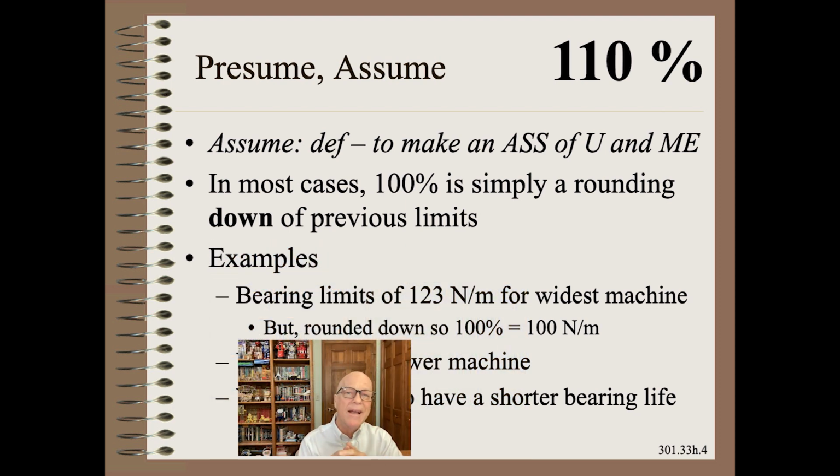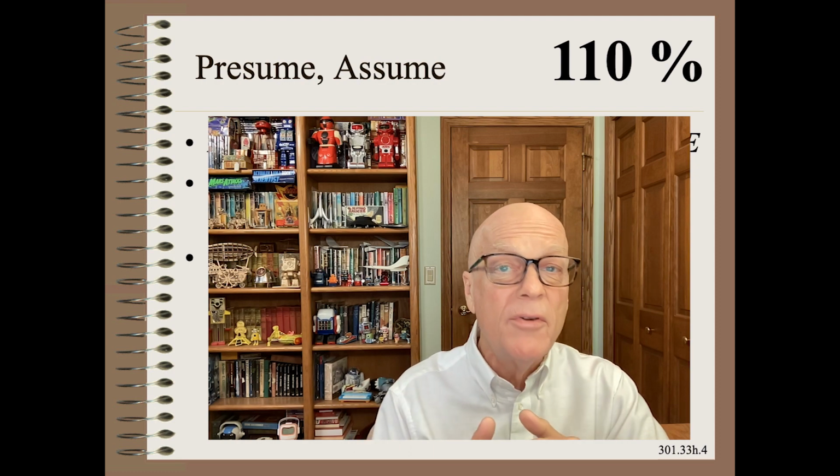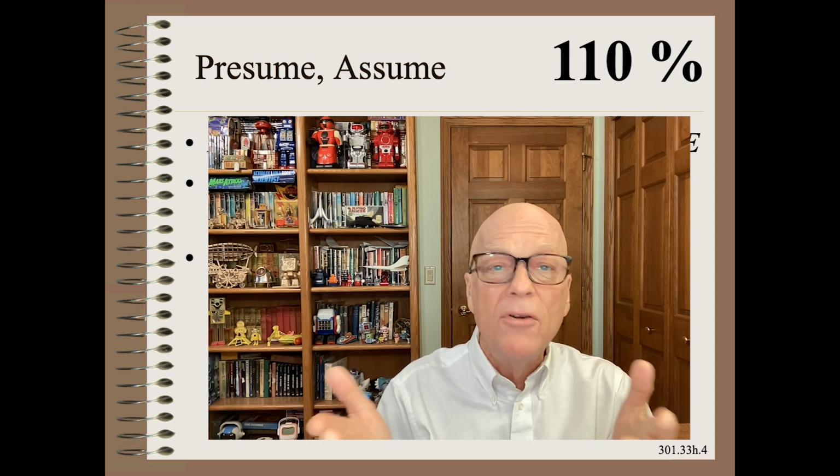Suppose that a bearing has limits of 123 newtons per meter for the widest machine. It is possible that the machine builder rounded it down to 100%, corresponding to 100 newtons per meter, for both calibration simplicity and to be extra conservative. You could use that extra capacity if you knew it existed.